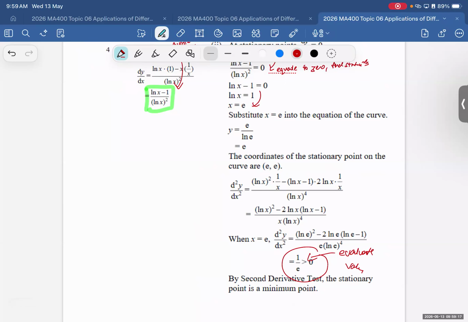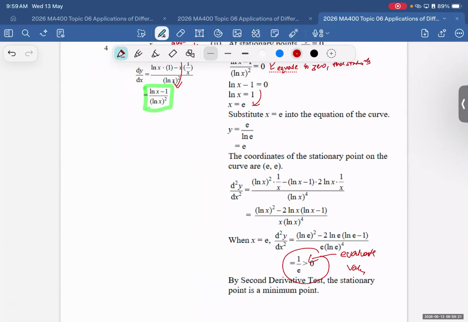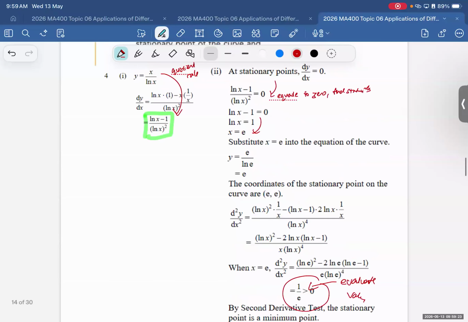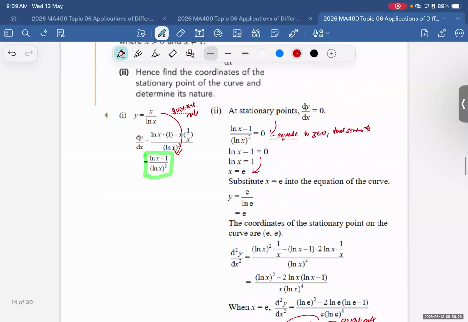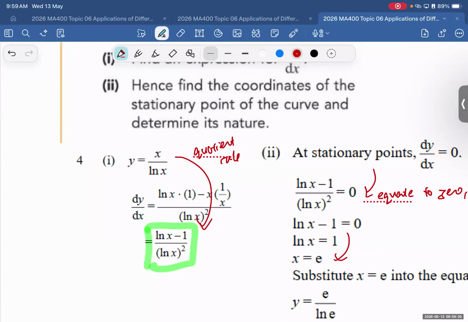Thankfully, the outcome is fine. Oh, it's not 2 log x, it's log x squared. The square is not for just the x, it's for the entire thing, so you cannot bring it to the front. You understand?